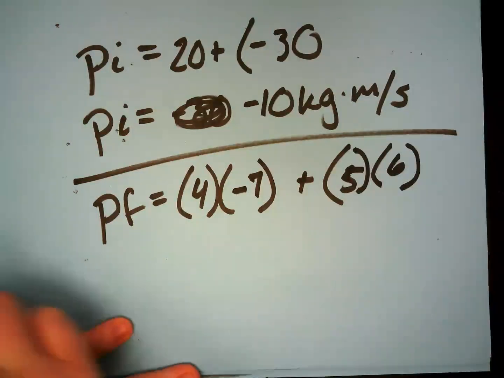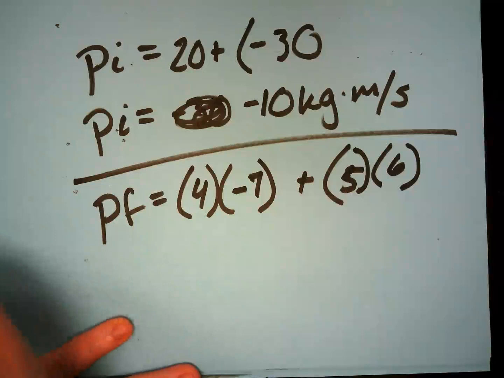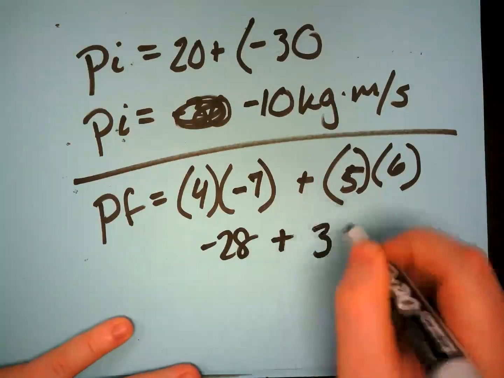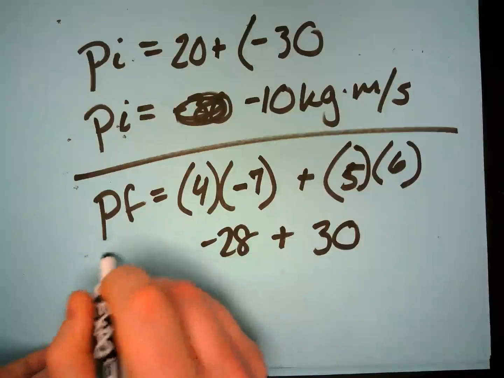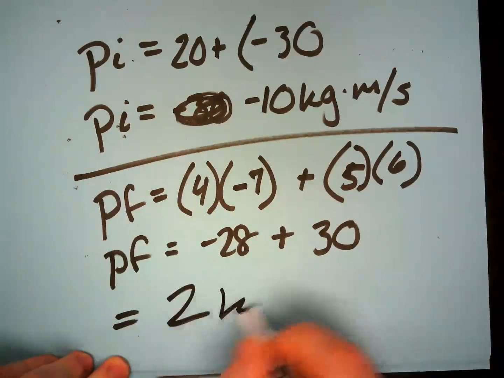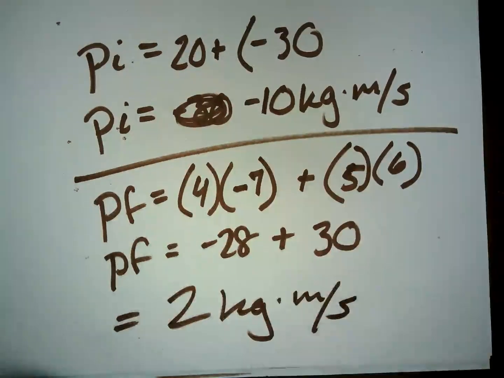So 4 times negative 7 is negative 28 plus 30. Uh-oh. That's weird. What am I doing wrong here? 2 kilograms. Something's amiss, because we should have the same momentum at the end that we had at the beginning.